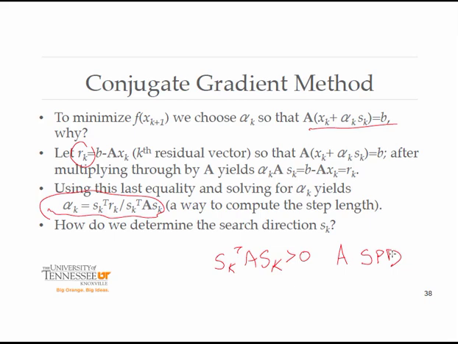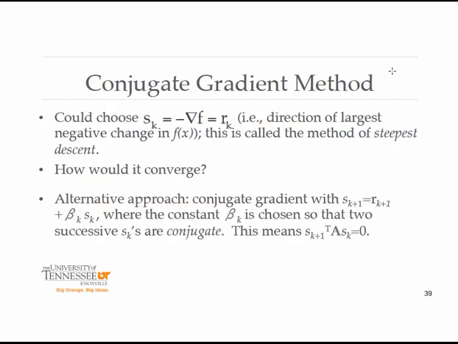So the remaining question is, all right, that tells us how we would get the alpha_k for our update. How do we choose the s_k, the search directions, so that, again, we would minimize the function f? Well, one way to choose the search direction s_k would be the negative gradient of the function.